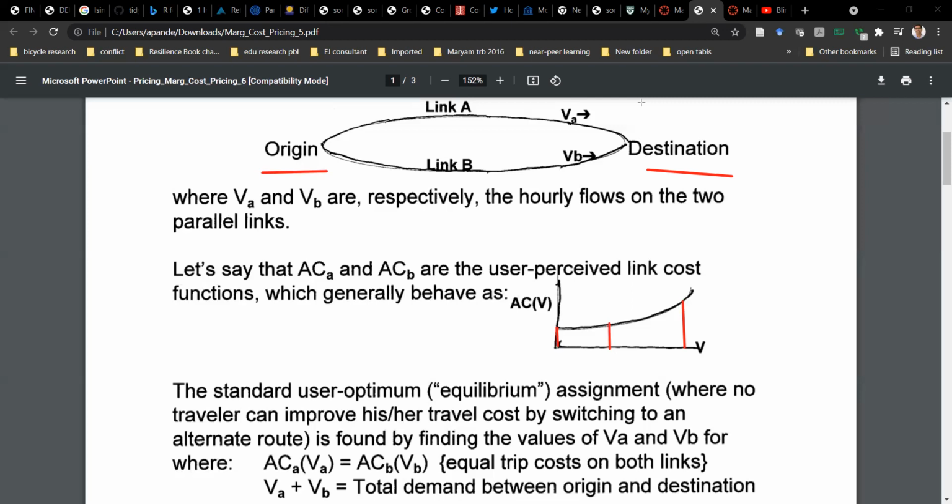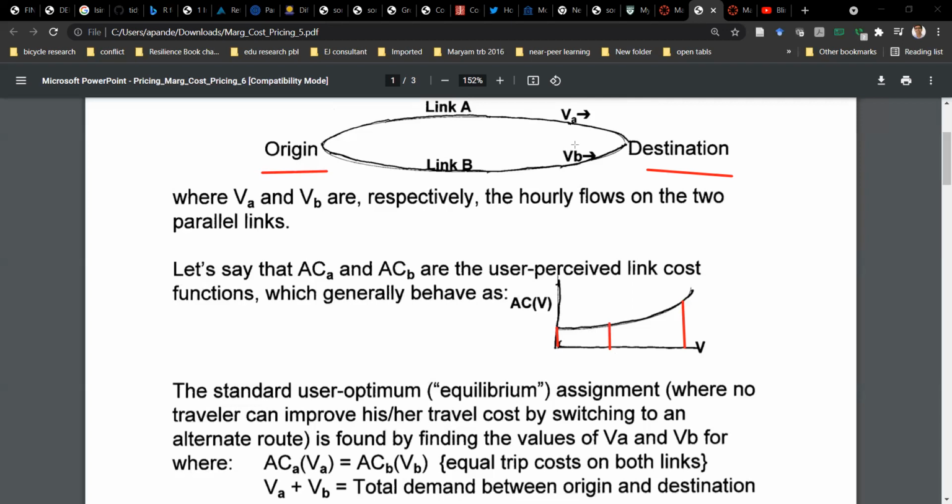The travel time would rise is what I suspect would happen. Link A will become congested and the travel time will increase. And then it'll keep increasing until you hit link B's free flow travel time, right? But once it goes above link B's free flow travel time, now people will say, hey, to heck with link A, link B is the one that has shorter travel time.